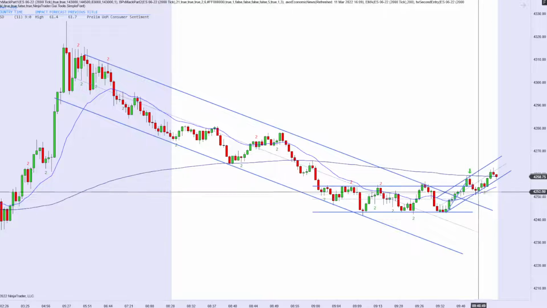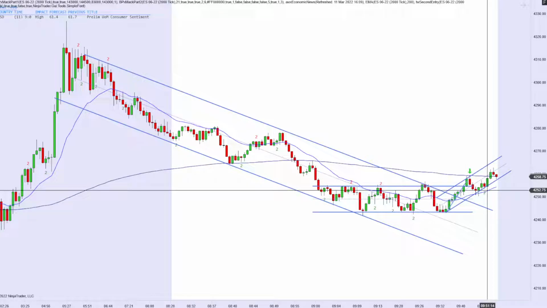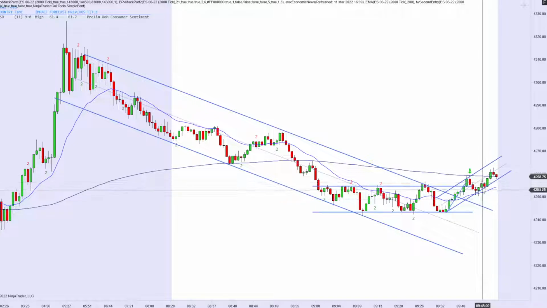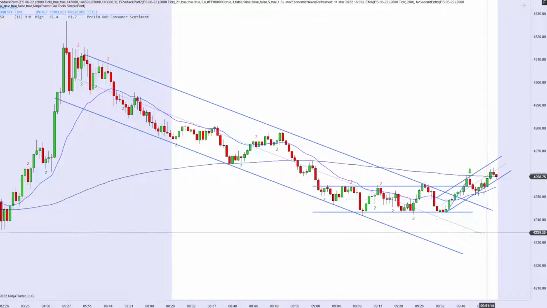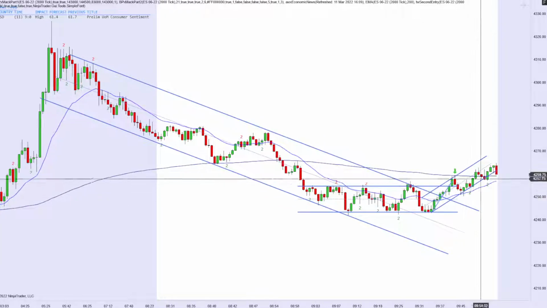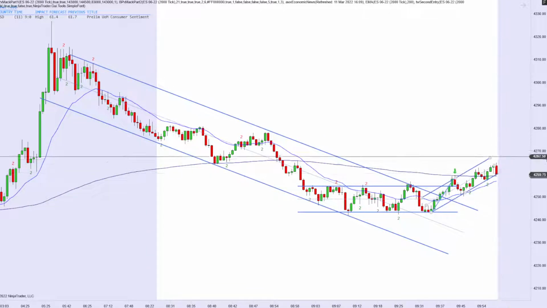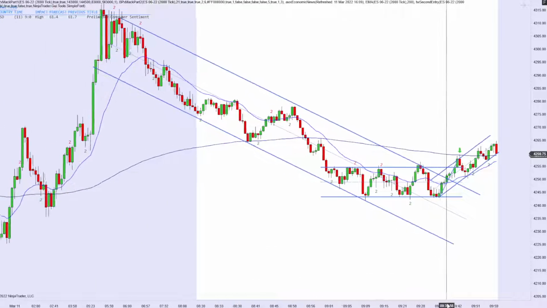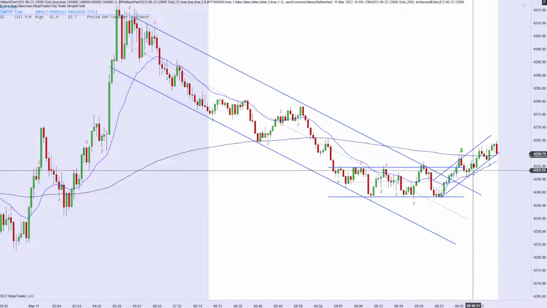First entry short, second entry short never triggers, but we have a first entry long, second entry long, but that's not a good signal bar. I'm going to keep going here as prices continue to move up. See if I can make this just a little bit bigger so it makes more sense.